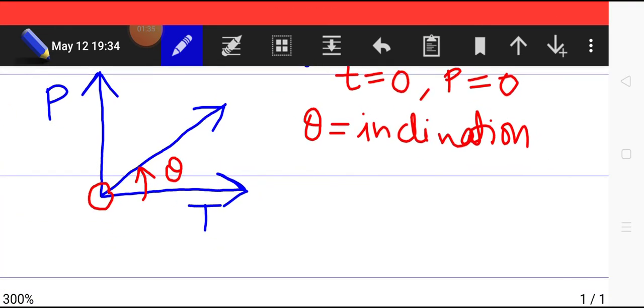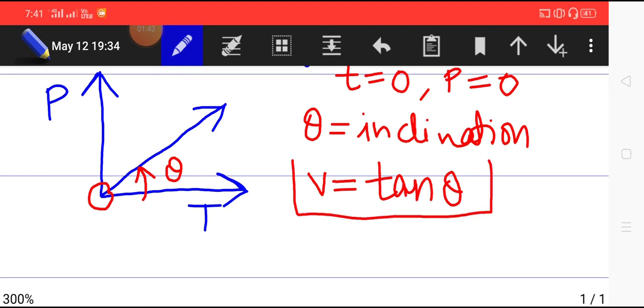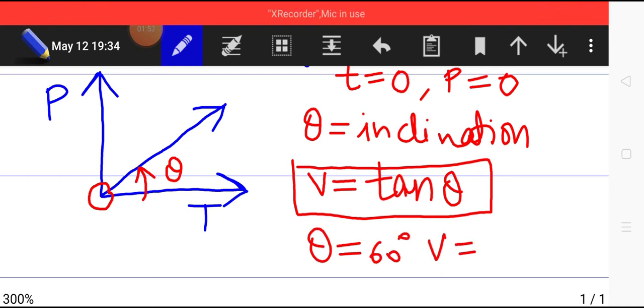In a straight line graph, velocity is equal to tan theta. So tan theta is giving you velocity if this angle is constant. Suppose this angle is 60 degrees, then velocity is going to be tan 60, that is root 3 meter per second.